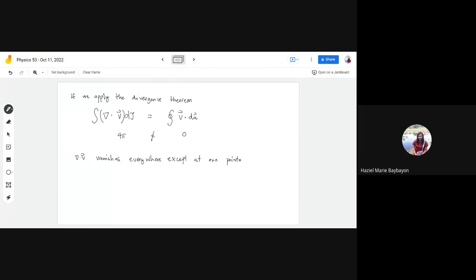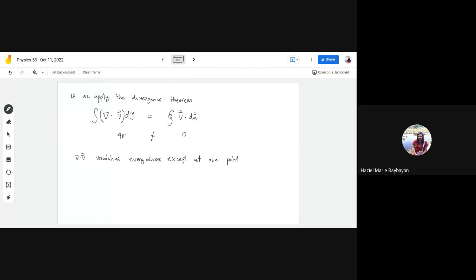That means the divergence of 1 over r squared, r hat, is equal to 0 everywhere except at one point. Okay, so what we have encountered is the Dirac delta function.